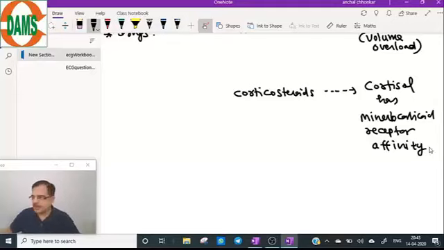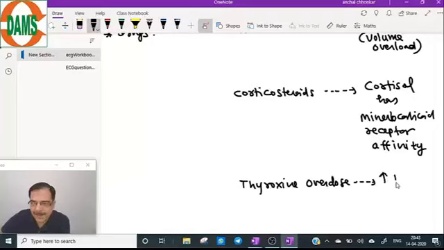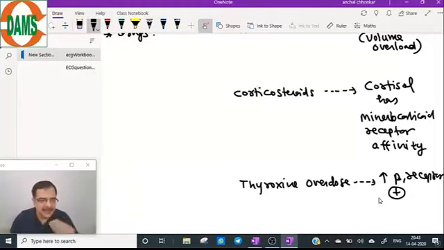And of course, if a patient has taken a thyroxine overdose, a patient of hypothyroidism, suddenly instead of 50 microgram of thyroxine, the patient has taken 100 microgram, that will increase the blood pressure.